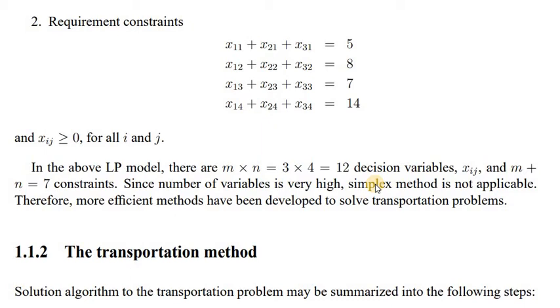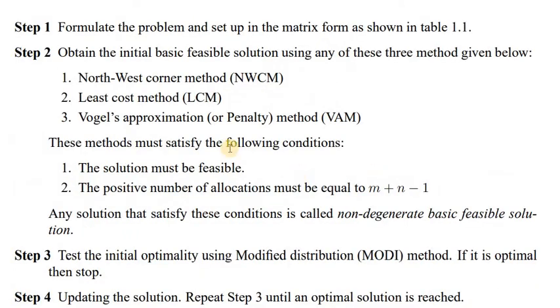This is the main drawback of the simplex method: when the number of variables and constraints is too high, it is very difficult to solve. That's why we are going to learn about other methods to solve a transportation problem. In the solving procedure, first of all, we have 3 methods to find a feasible solution.